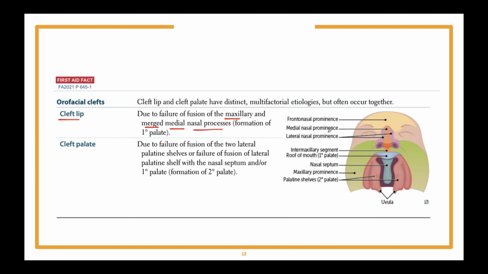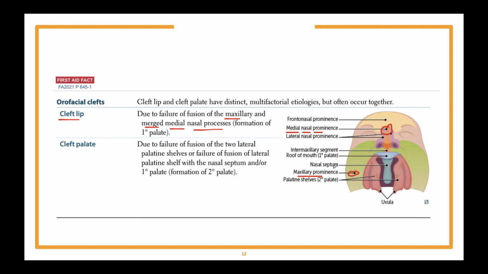And you can see exactly on that image what that would lead to. It's the maxillary prominence, the green in that diagram, as well as the medial nasal prominence, which is the orange that Sean is drawing out. So hopefully you can see how if those two do not fuse, you could have a cleft lip.